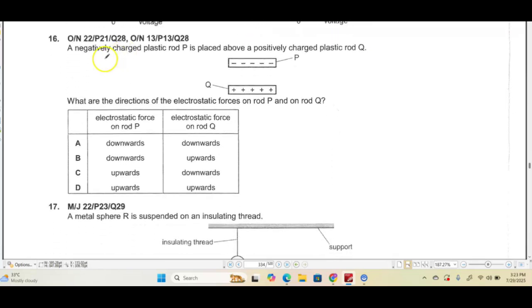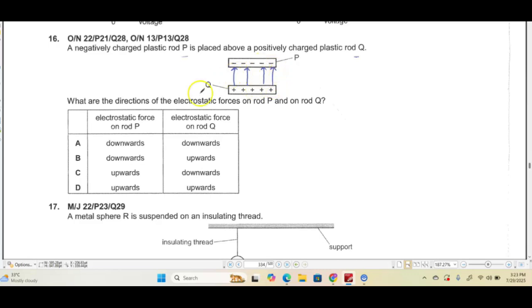Okay, question number 16. A negatively charged plastic rod P is placed above a positively charged plastic rod Q. What are the directions of the electrostatic forces on rod P and on rod Q? The electric field lines are always going to be from the positive to the negative side.